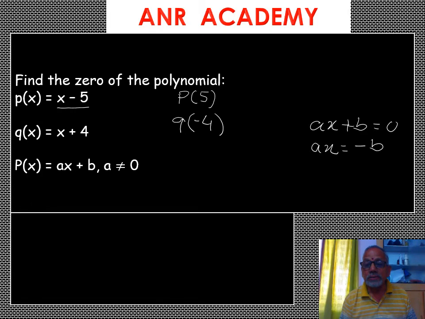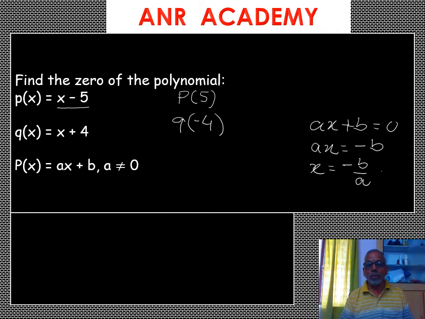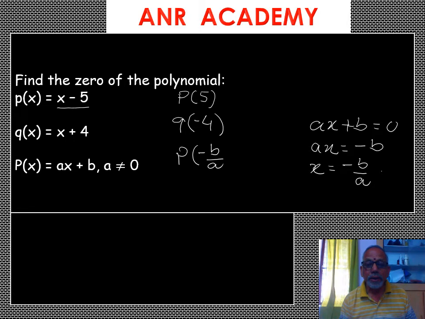Here the sign is plus; if you take that to the other side of the equals sign, it becomes minus. Or x is equal to minus b by a. So the zero of the polynomial is minus b by a.